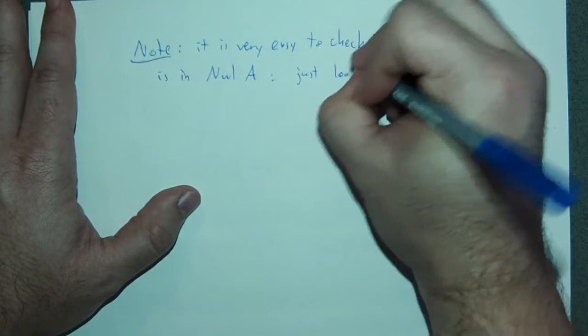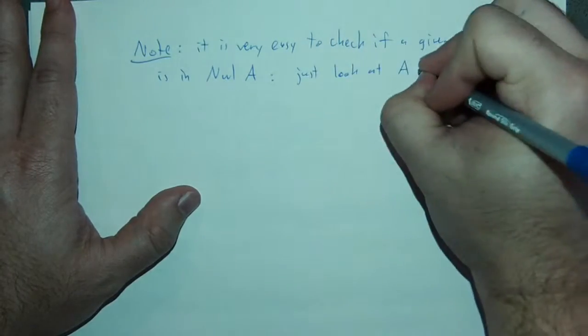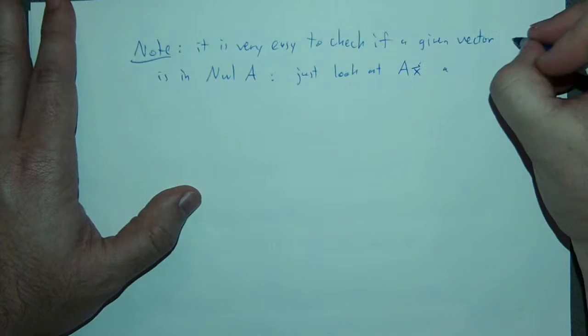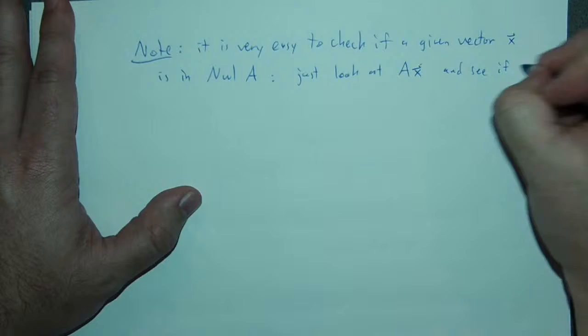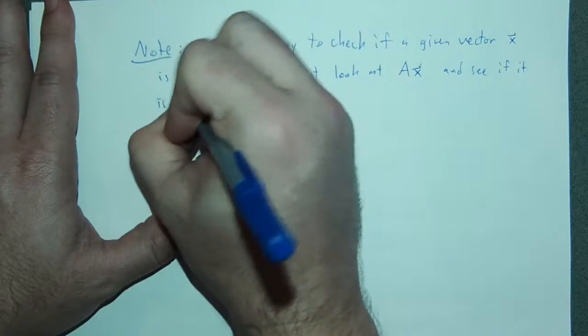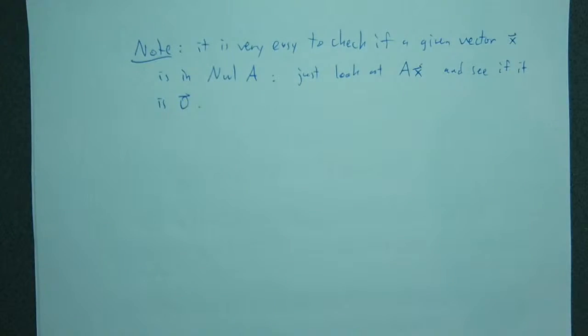Just look at Ax, for a given vector x, and see if it is the 0 vector. So checking whether or not a vector is in the null space is really easy. You just multiply it by A and see whether or not that's a 0 vector.